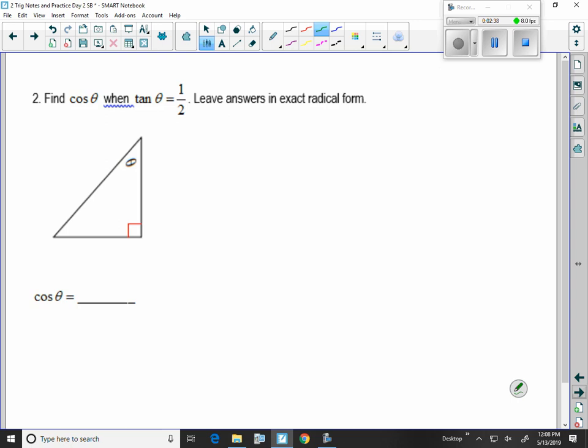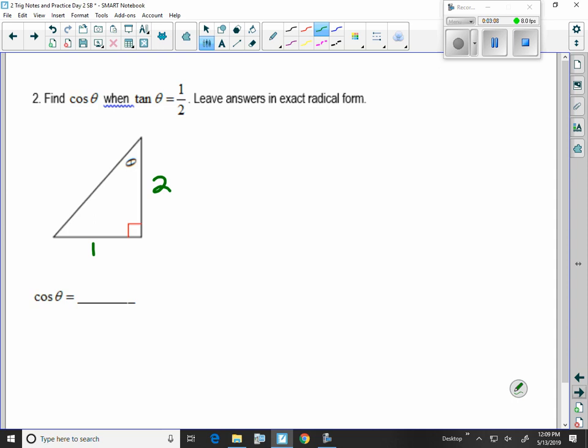Find cosine when tangent is 1 over 2. Okay, so which side is 1? Tangent is 1 over what? Opposite. Okay, so 1 is opposite, so there. Okay, 2 is which side? That one. No, that one. Adjacent. Okay, 1 and 2. All right, now how are we going to find the hypotenuse?